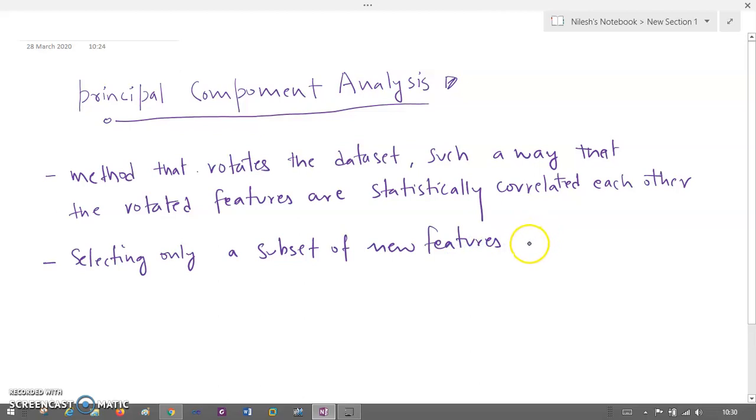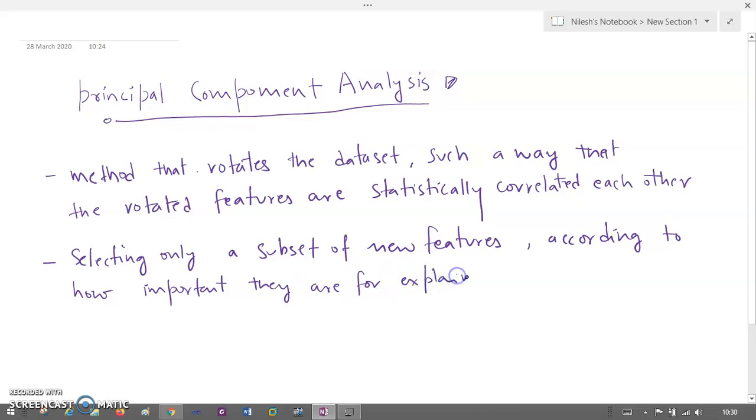A subset of new features according to how important they are for explaining the data. I hope you can see that we are taking a subset of new features, and we choose them based on how important they are for our data set.